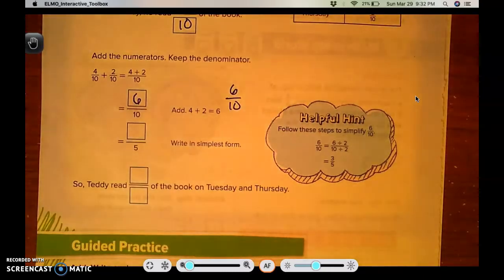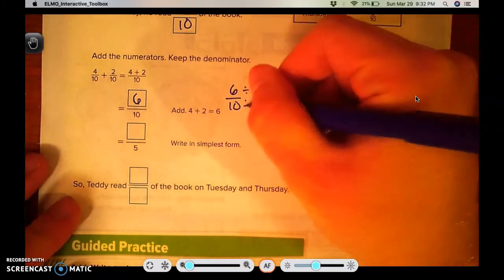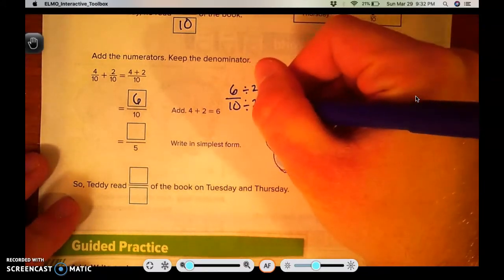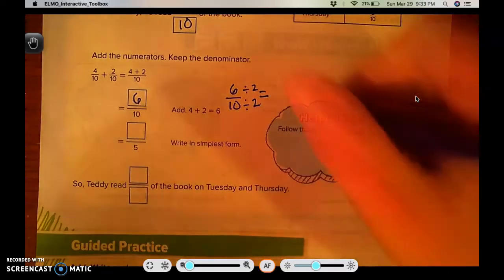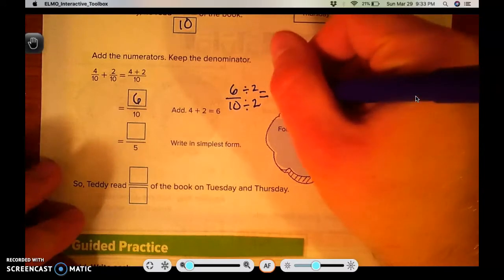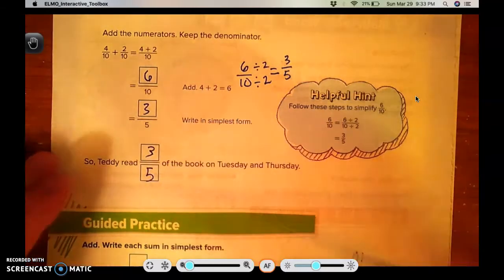I know that 3 goes into 6 but not 10, so 2 is the biggest number that's going to go into both 6 and 10. We can reduce or simplify it by doing the same to the top and the bottom to get us to 3/5. So in those 2 days, Teddy read 3/5 of his book.